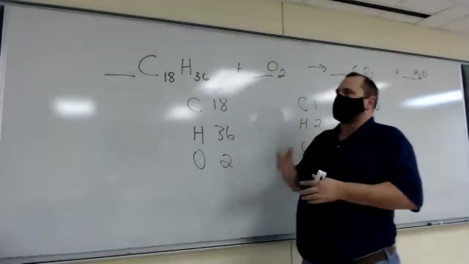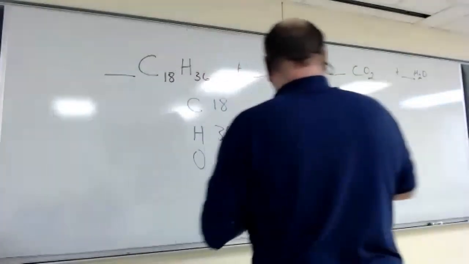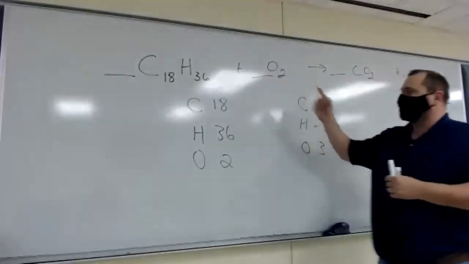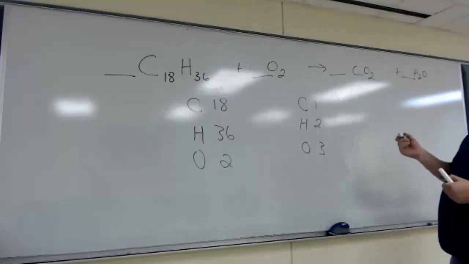You'll notice oxygen is a free element, and so I'm going to save the oxygen for last. We don't have any weird elements, so oxygen I'm going to do last.